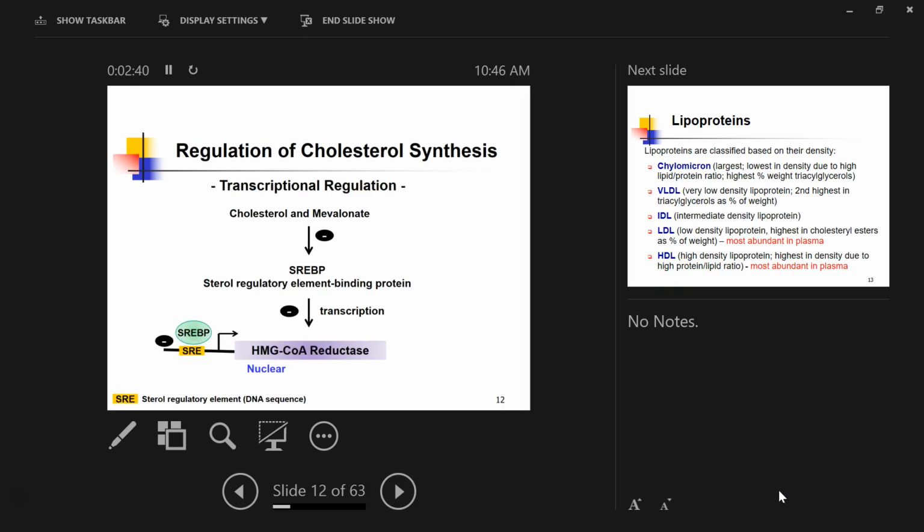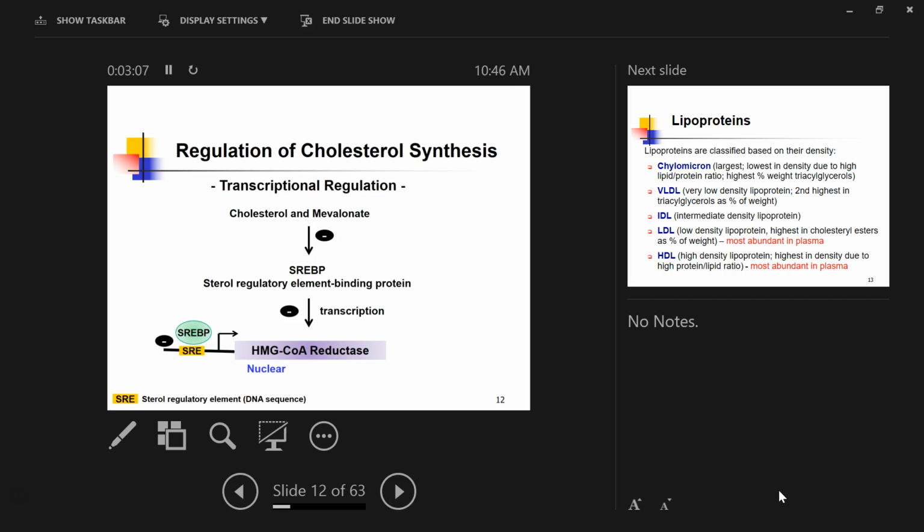And we also talked a little bit about the mechanism of how cholesterol or mevalonate regulates the HMG-CoA reductase, basically regulating transcription of HMG-CoA reductase. And we also introduced a transcription factor, SREBP, the sterol regulatory element binding protein.